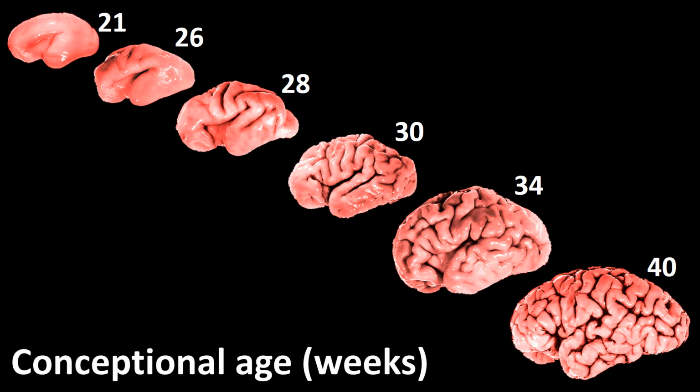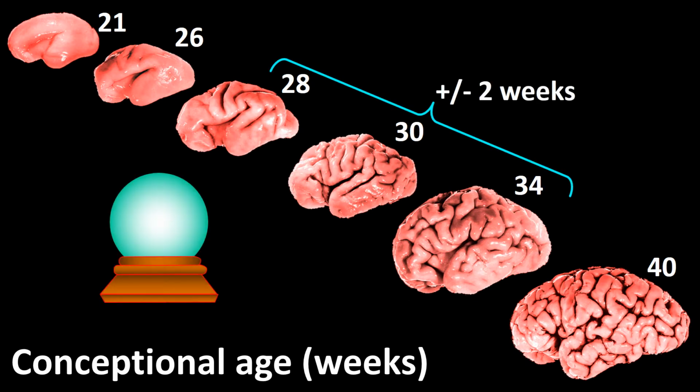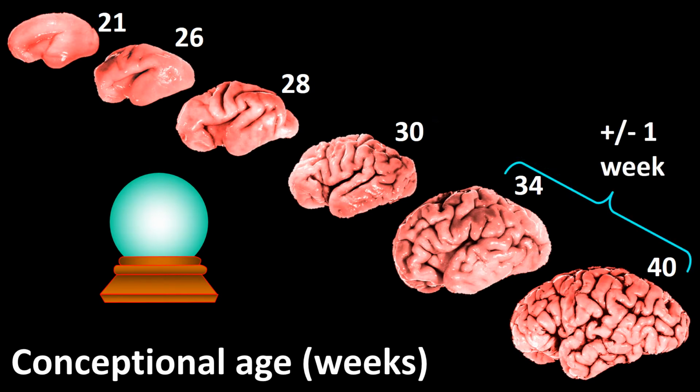These findings allow us to determine the patient's brain age, which corresponds to conceptual age with a margin of error of 2 weeks between 28 and 34 weeks, and with a margin of error of 1 week between 34 and 40 weeks in very well-controlled studies.